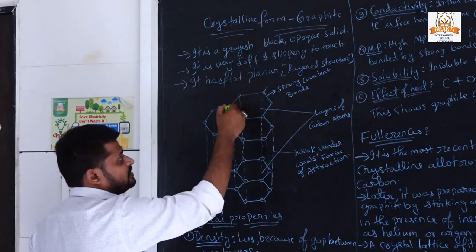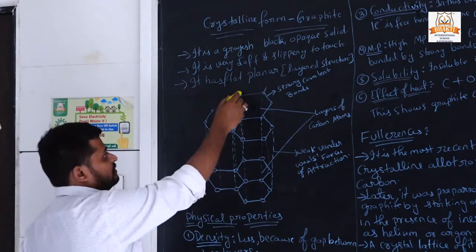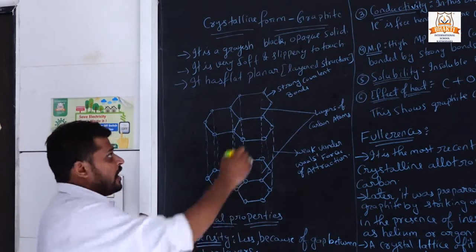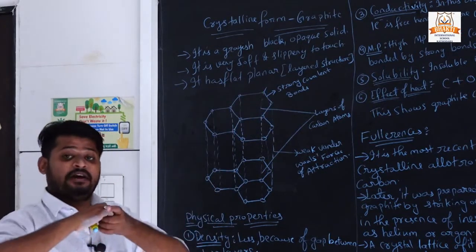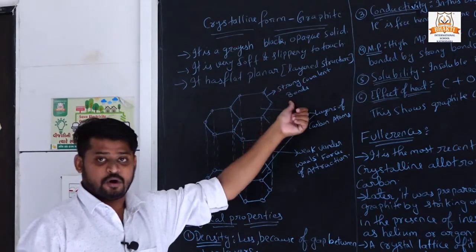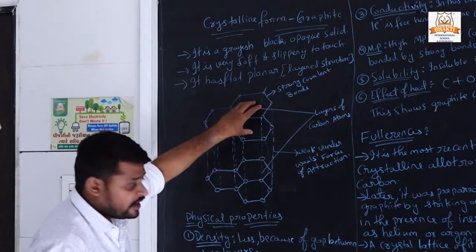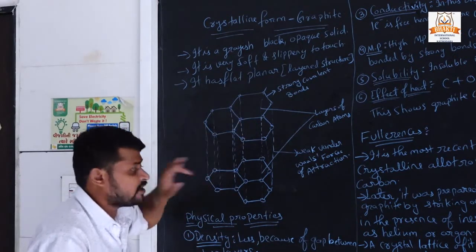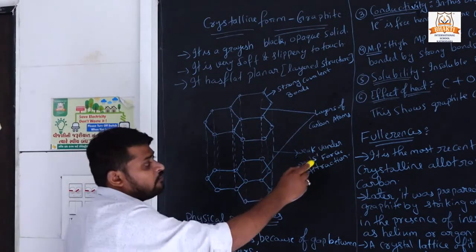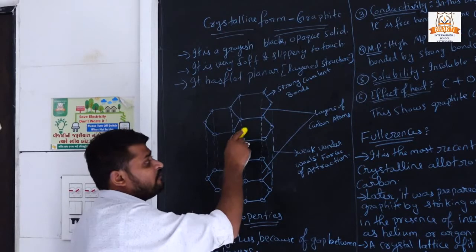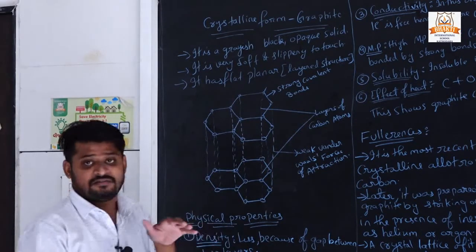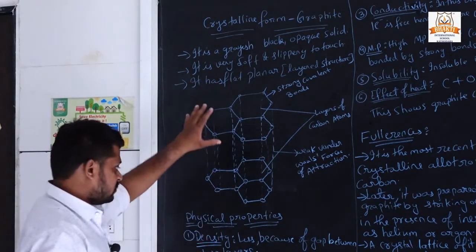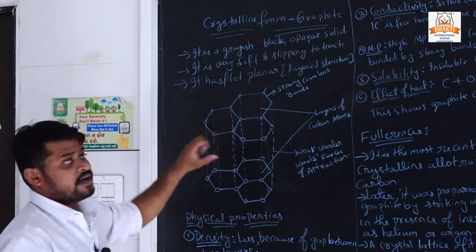One carbon is attached to another carbon, and 6 carbons make a hexagonal structure, 5 carbons a pentagonal structure, attracted by strong covalent bonds. This is the first layer and this is the second layer. The force that attracts the first layer to the other layer is the van der Waals force of attraction, but it is very weak. So this is the structure of graphite.